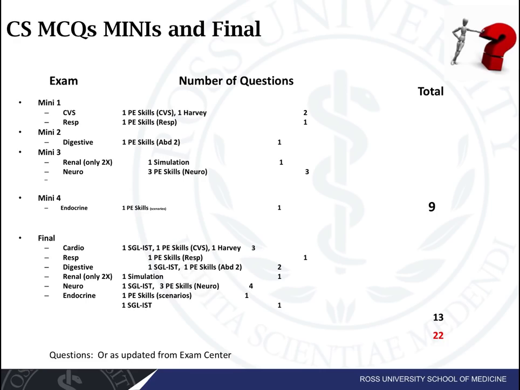As long as your overall exam grade is 70% or greater, you will pass the exam. You can have a total exam score of over 70, but if you fail one session less than 60, that is still a failing grade for the CS exam. So you have to have a minimum score of 60 in all 3 stations and a total overall score that averages 70% or greater to pass the CS final.